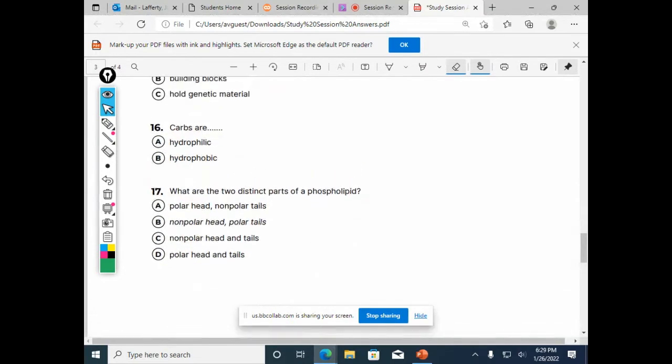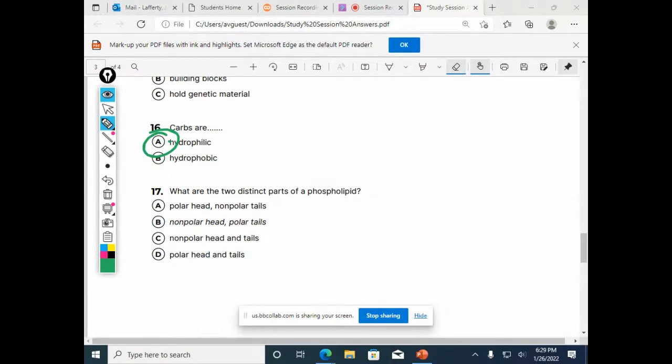Okay, carbs are hydrophilic or hydrophobic? Hydrophilic. Why are they hydrophilic? They like water. What makes them like water? They're polar. What makes them polar?